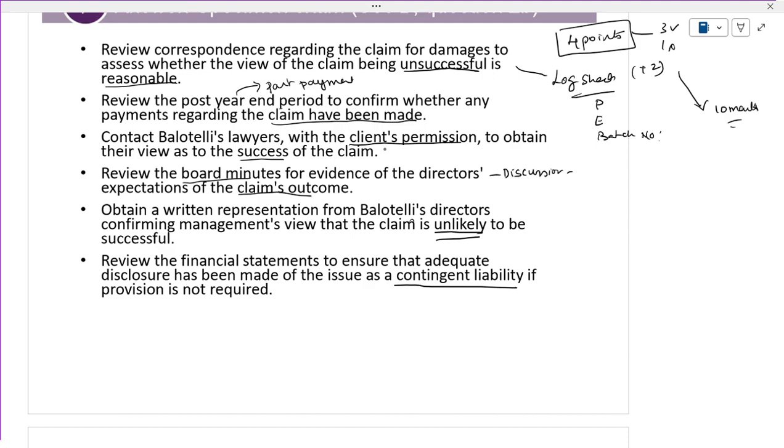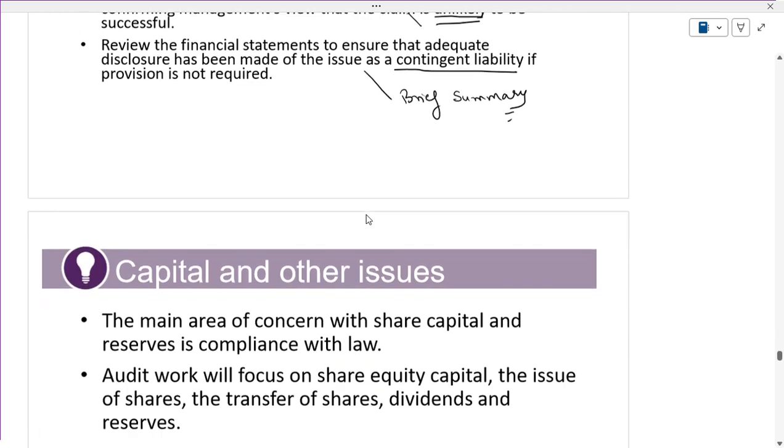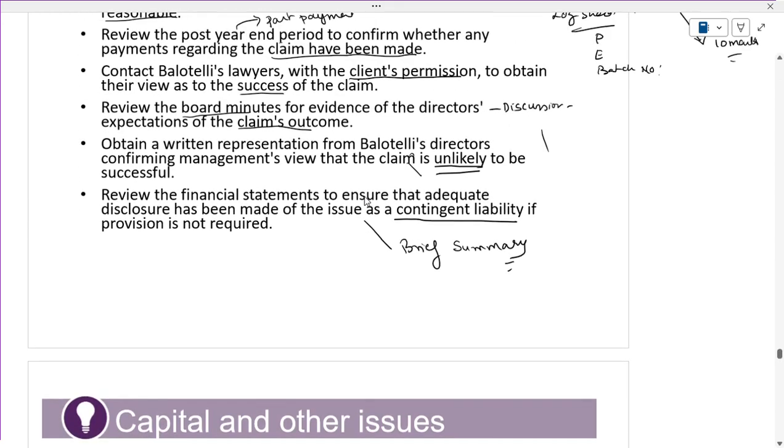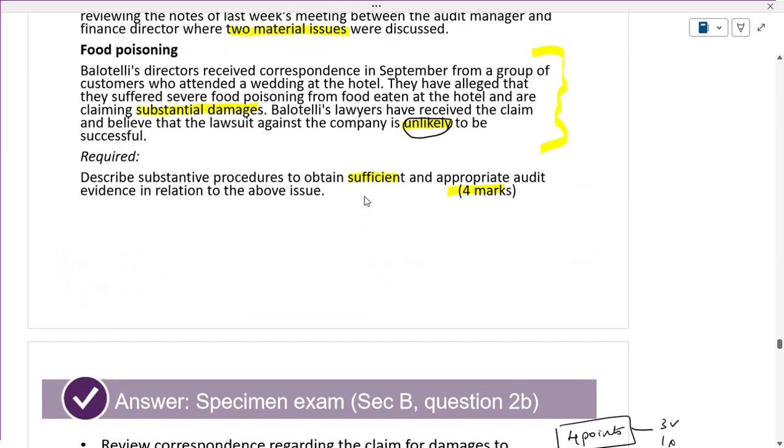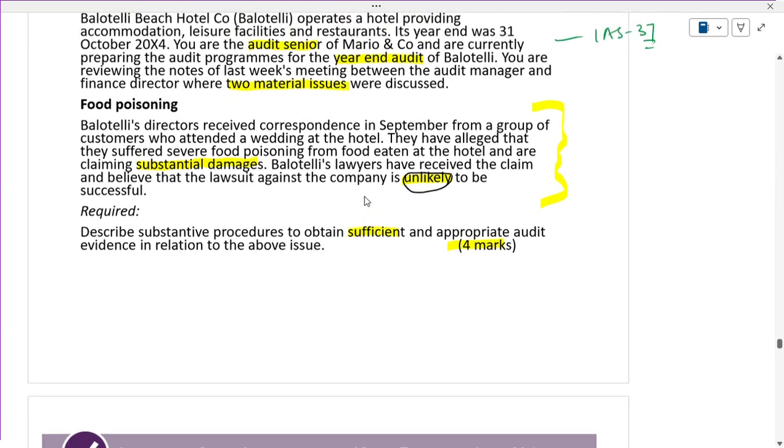You will get a complete picture of what's happening and what's not, because in the notes to the accounts they will give a brief summary. This is what we are talking about in terms of damages claims and how things will work.